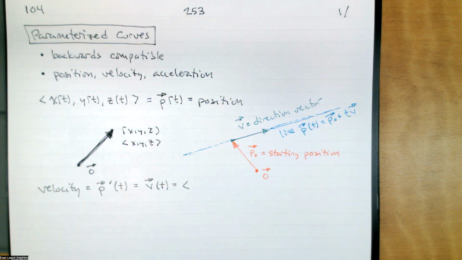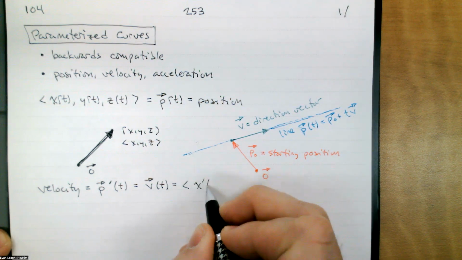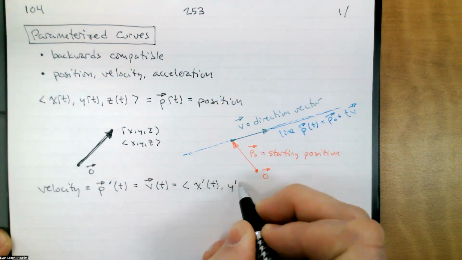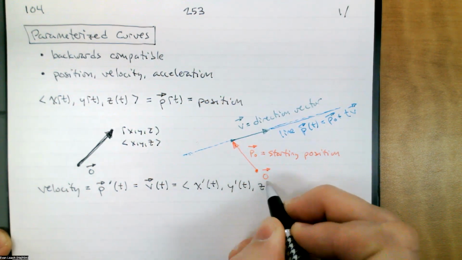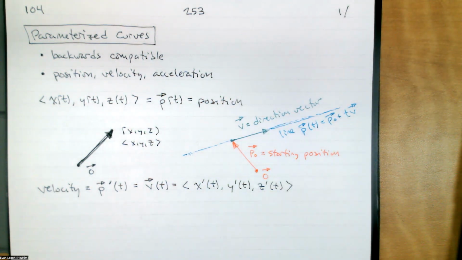The good news is, if we have a position vector made up of three functions, our parametric equations of our curve, to write the velocity vector at any point, we just need to take the derivative of the three components. That is, given a position vector, the velocity vector is exactly what you think it would be.